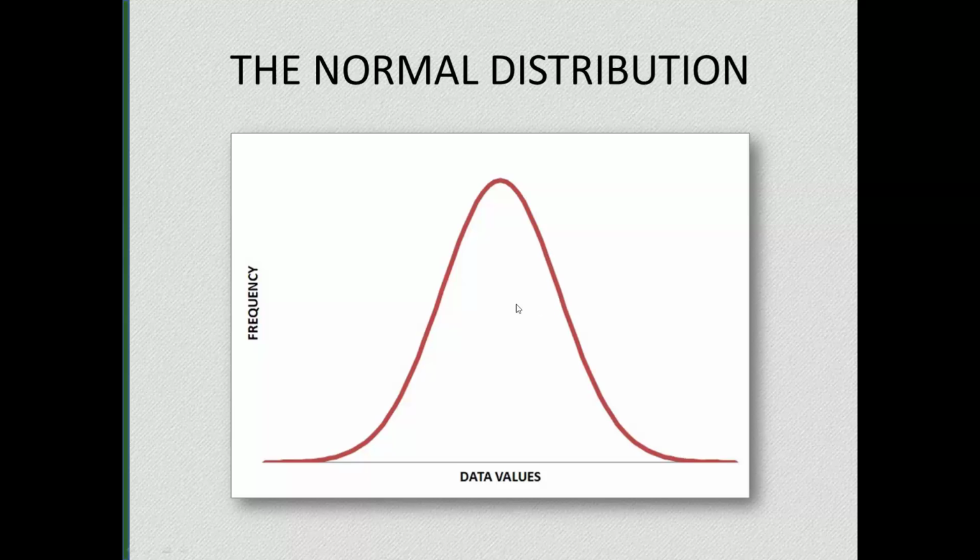Things that are a little bit above average and a little bit below average will happen with slightly less frequency. Extremely large data values will be relatively rare. Extremely small data values will be relatively rare, but we'll see a symmetric relationship throughout. Being a bit above average or a bit below average happen about as often. Being way above average or way below average happen about equally rarely. The normal distribution is the distribution that is normal.